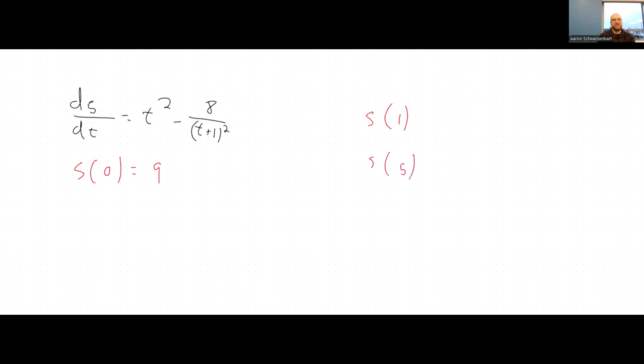So we know displacement, or change in position, I get by taking this integral. So s of 1 equals the integral from 0 to 1.